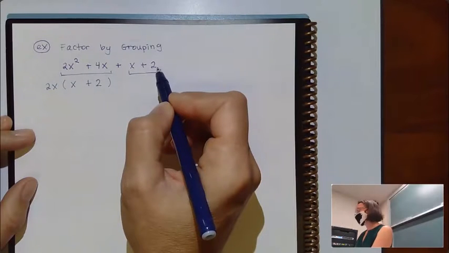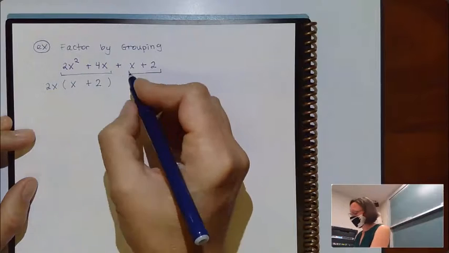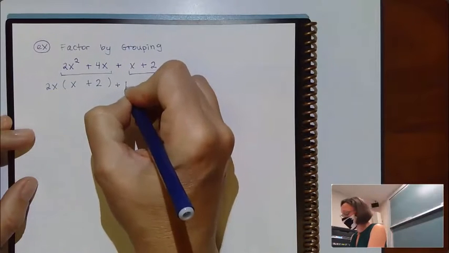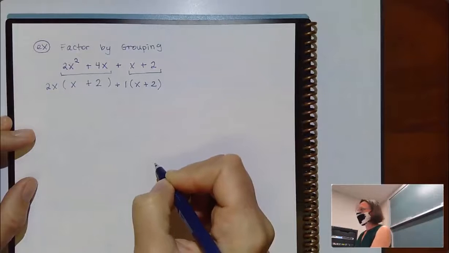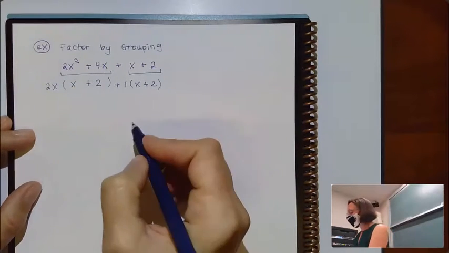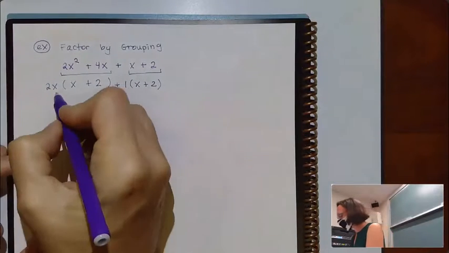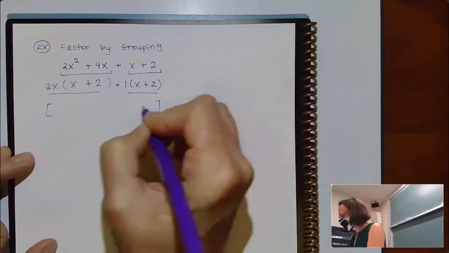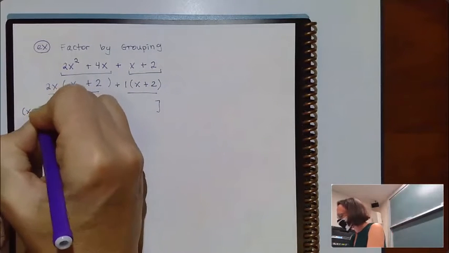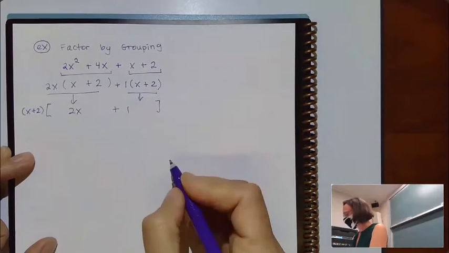So what I'm going to do is not really factor something out. I'm just going to write it as +1 times x plus 2, because there kind of wasn't anything to factor out. But that's going to let me do that second grouping step to say both of these have an x plus 2, which means I've got a 2x and a +1.